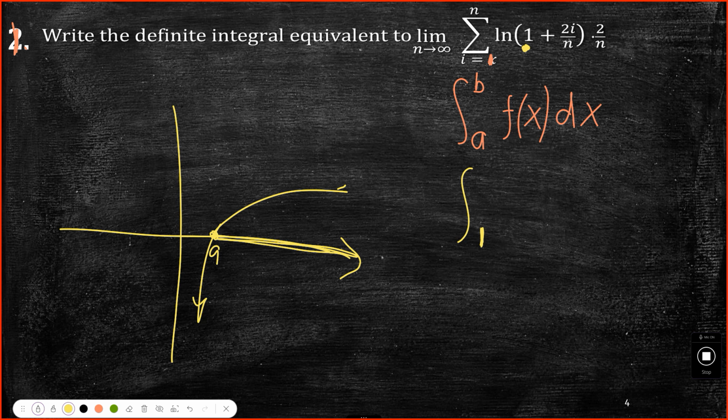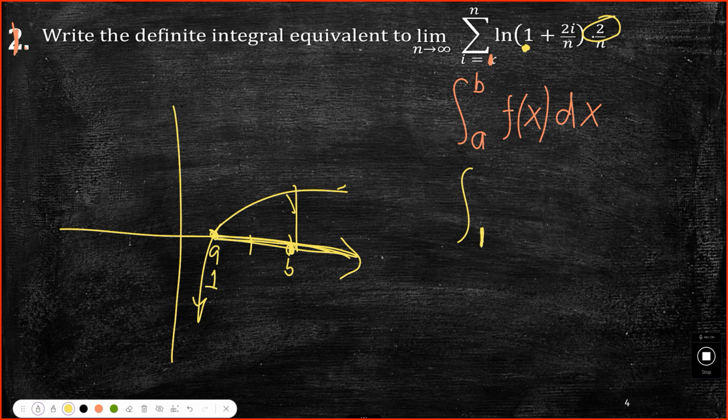We're going from A equal to 1, no? And then the width that we're going to cut it into n rectangles is 2. From A to B is 2. But if A is 1, then what is B? Because the width is 2, see? The width from here to here.